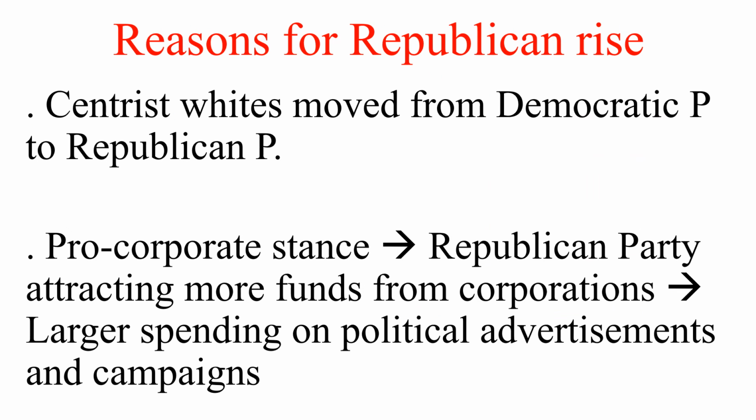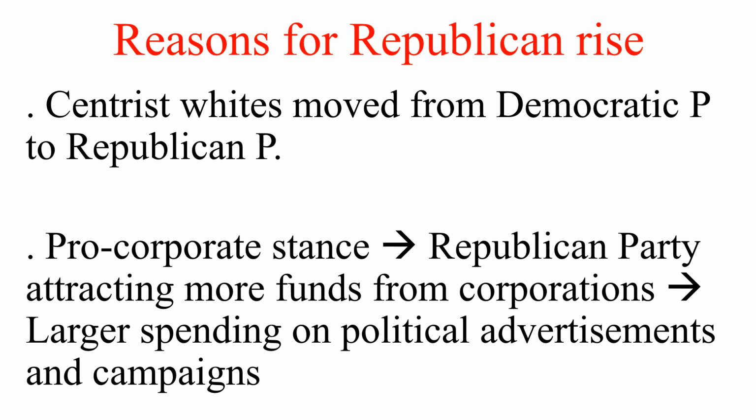And the reasons for the Republican dominance, starting from the 1980s, is that the centrist white voters began to move from the Democratic Party to the Republican Party in this era. By the way, this first dynamic is called white flight in some textbooks. So if you see this term, don't be surprised. That's what it refers to.